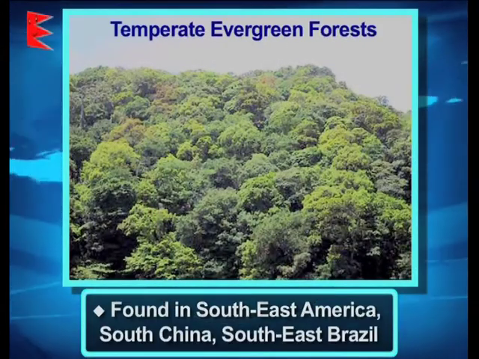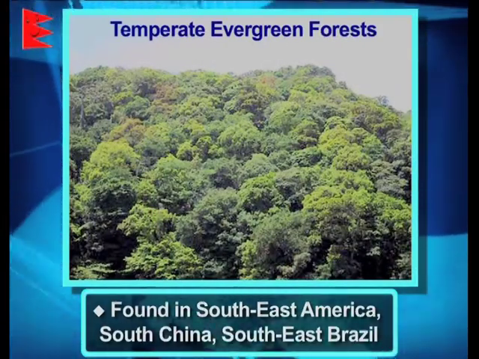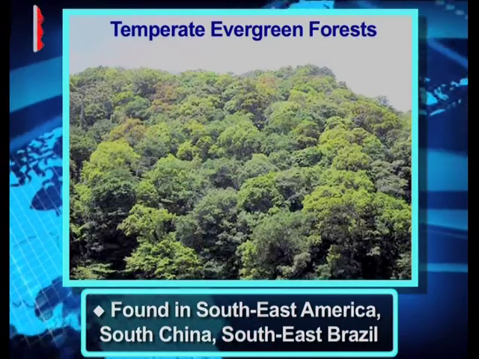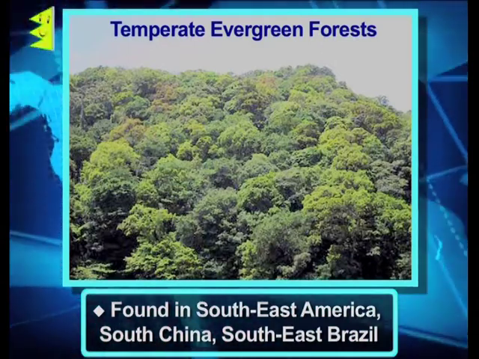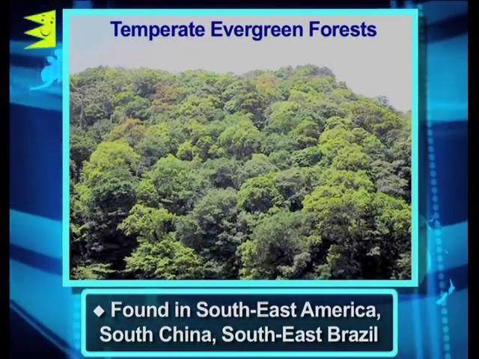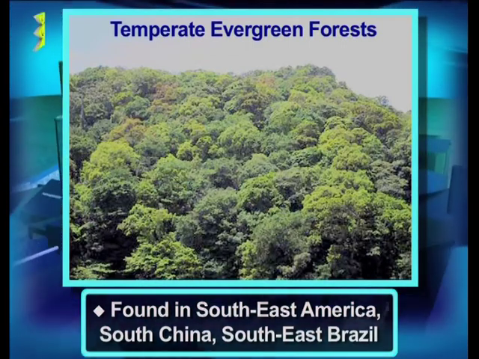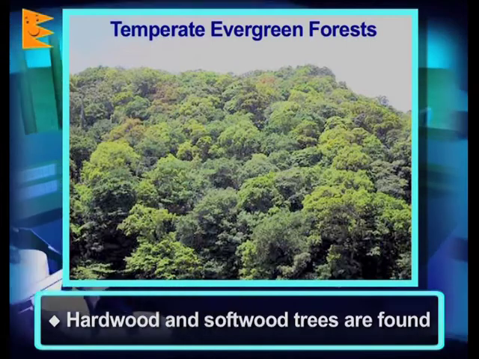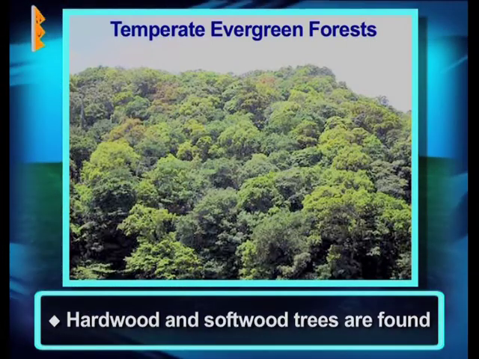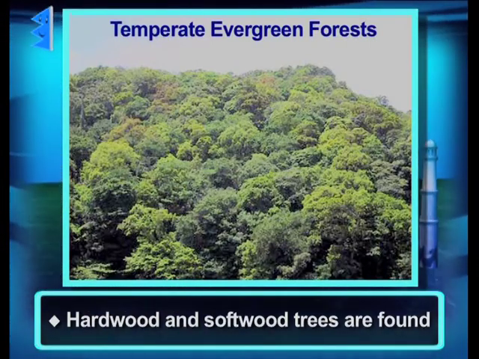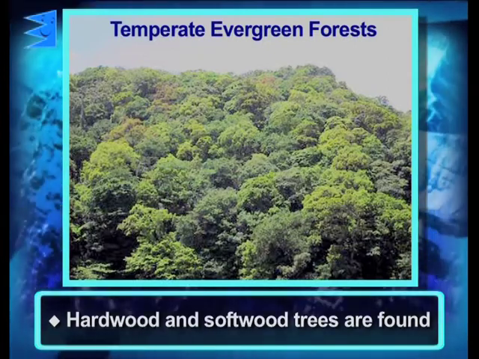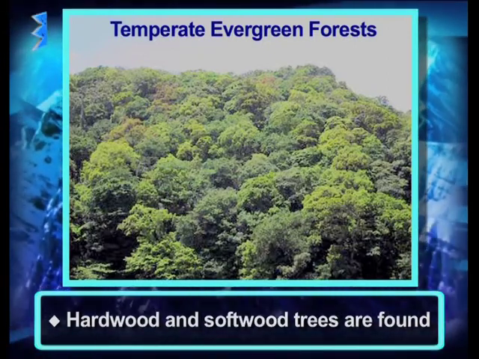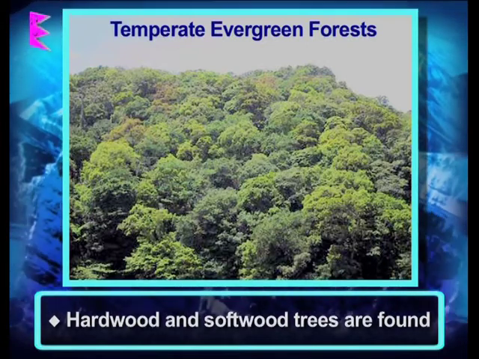The temperate evergreen forest is found in Southeast America, in South China and in Southeast Brazil. The characteristic feature of the temperate evergreen forest is that it has a mixture of trees, that is, hardwood as well as softwood trees are found in this forest.